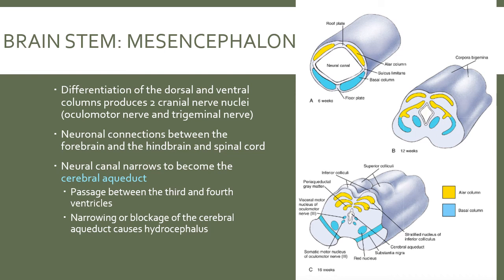And if it can't get out, you get what's called hydrocephalus, where the fluid is accumulating in the ventricles and ultimately pressing on the surrounding cerebral cortex. And in the case of a developing fetus, it may be compressing it to the point where it's not developing normally.